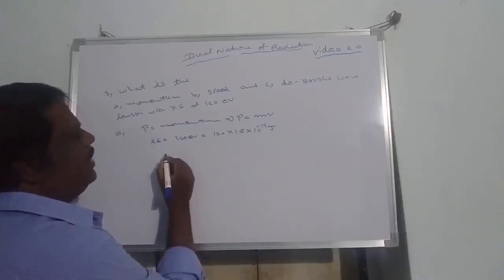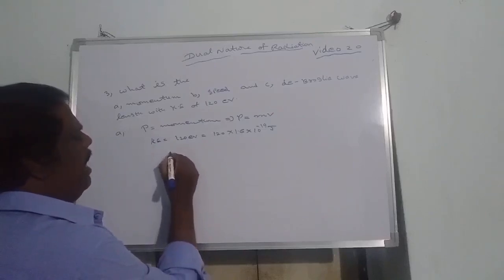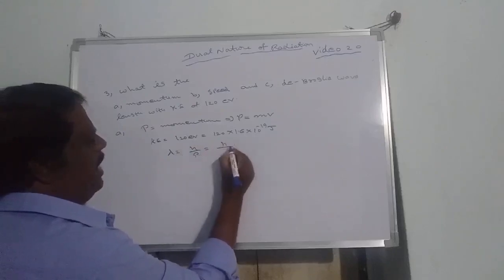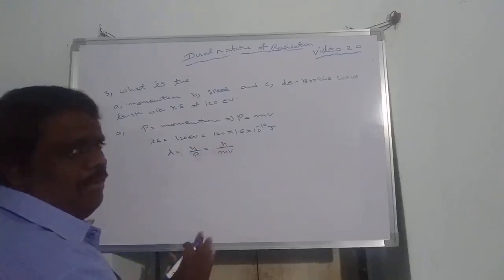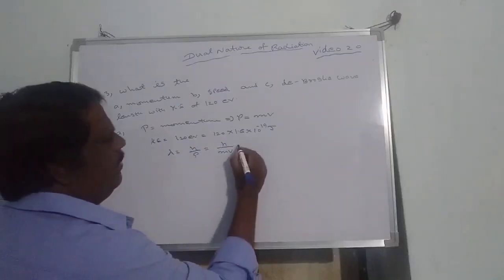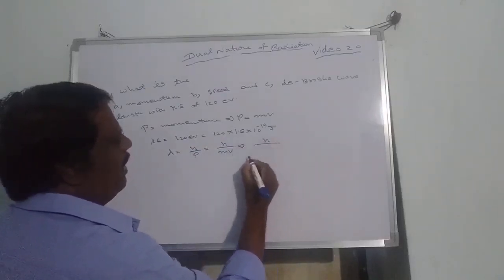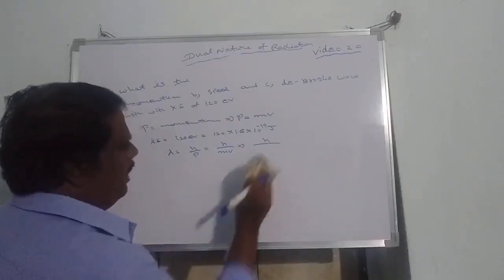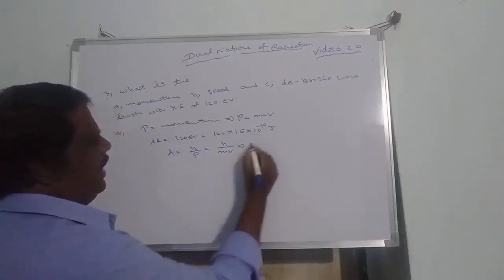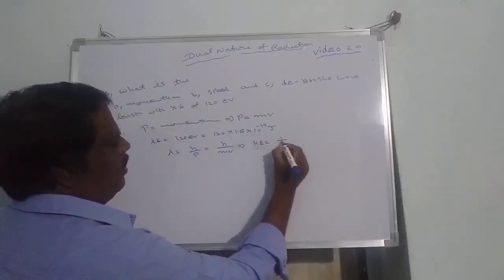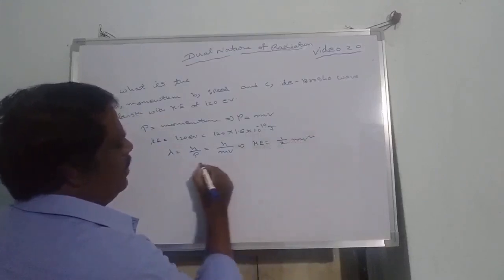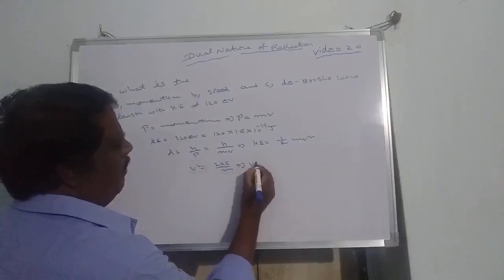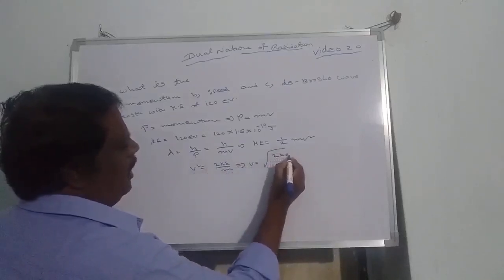So from this we can calculate lambda first. Lambda is equal to h by p, which is h by mv, mass into velocity. From the kinetic energy relation, kinetic energy K is equal to half mv square. So v square is equal to 2K by m, or v is equal to root of 2K by m.